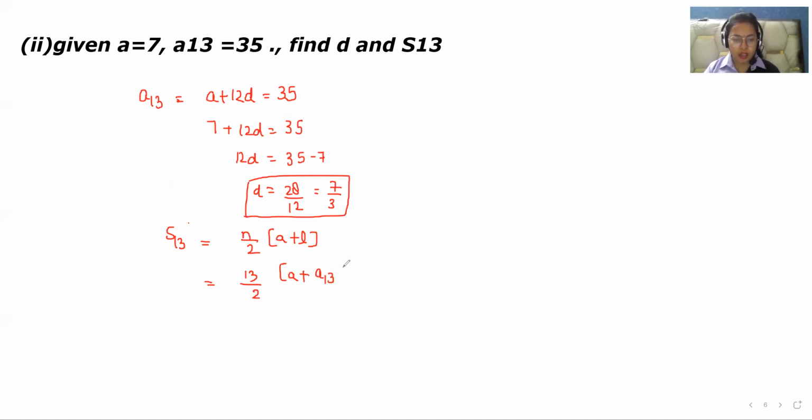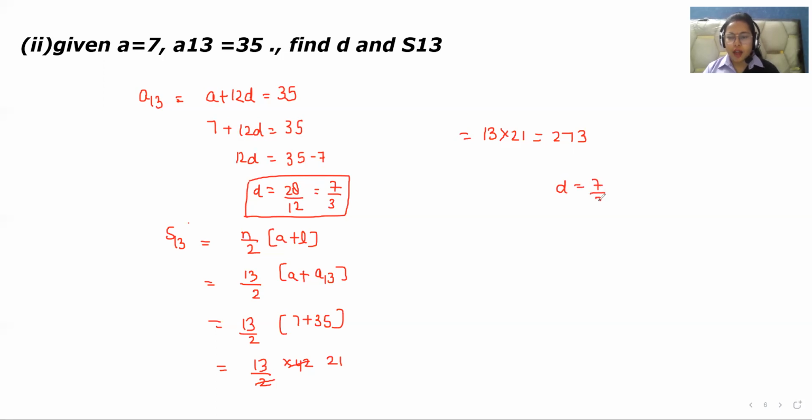So we can put A13 here. So 13 by 2 times (7 plus 35). So 7 plus 35 is 42. So we can eliminate 2 by 42. It's 21. So 13 times 21 is 273. So our D is 7 by 3 and our Sn is 273.